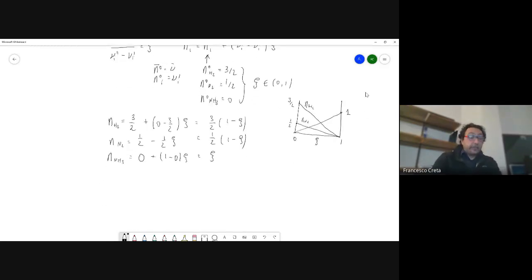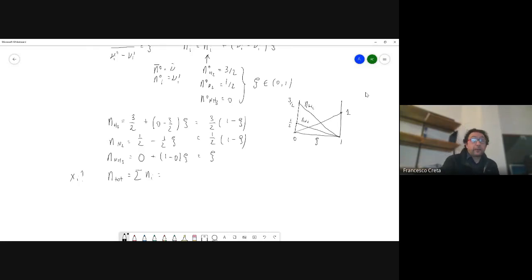But not only this, because remember that we're working with mole fractions. We can also find the mole fractions. How do we do this? Well, we have to divide each of those numbers of moles by the total number of moles. What's the total number of moles? Well, it's the sum of all the numbers of moles.